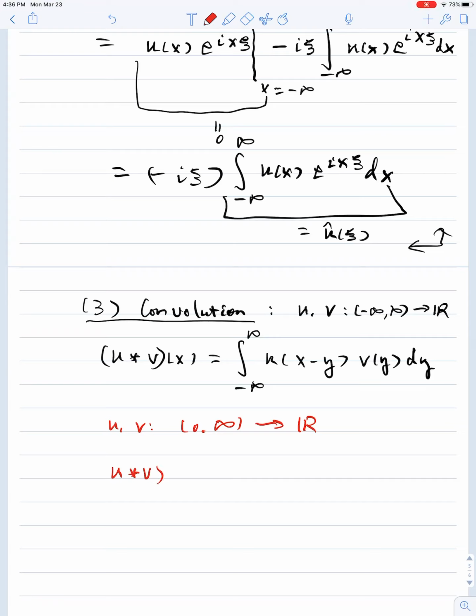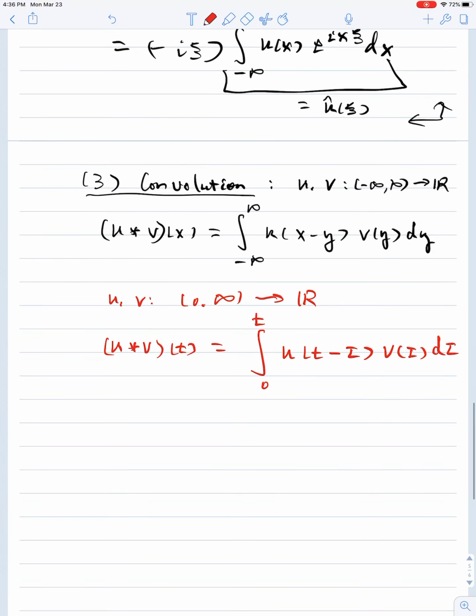We use t as our variable, and the integral is from 0 to t of u(t minus tau) v(tau) d tau, with integration with respect to tau. So you can see there's a discrepancy between these two definitions. Why is that?